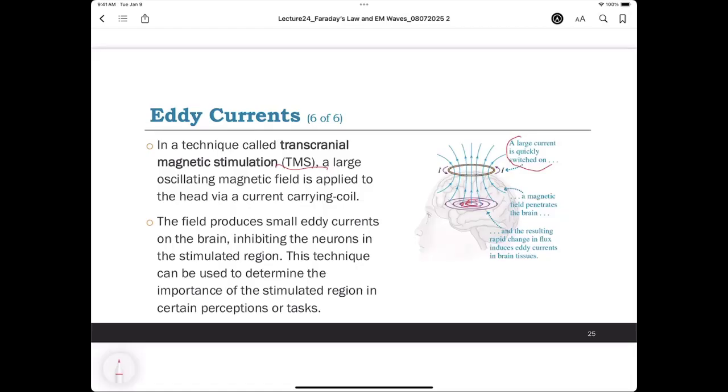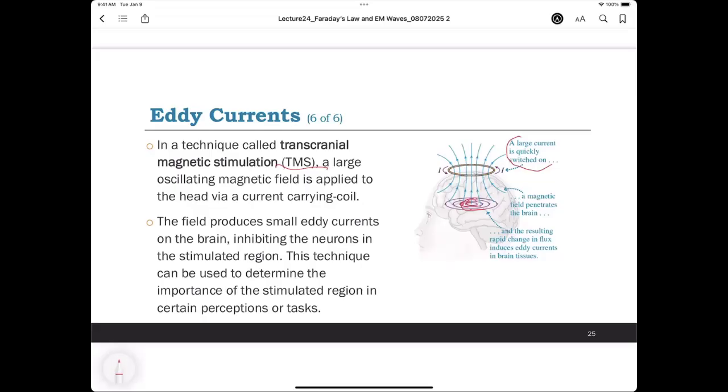You can see there is a loop, and we use this loop to generate small eddy currents on the brain. This resulting rapid change in flux induces eddy current in the brain tissues. This technology can be used to determine the importance of the stimulated region in certain perceptions or tasks.